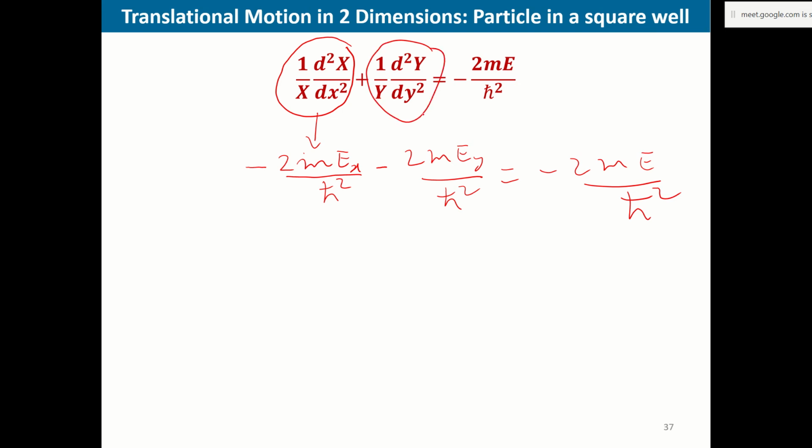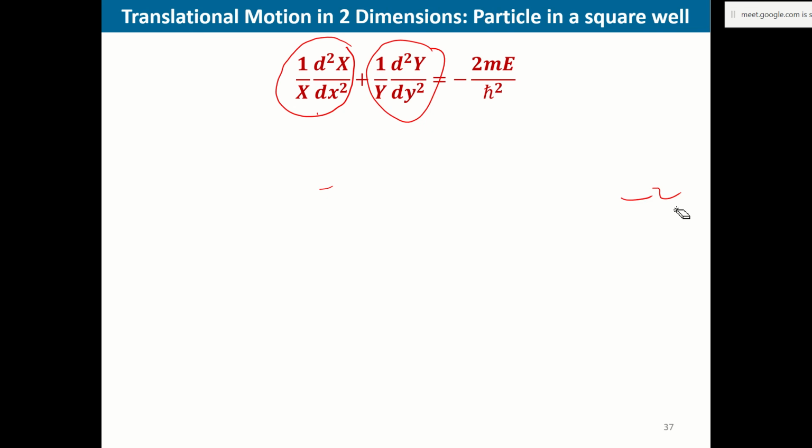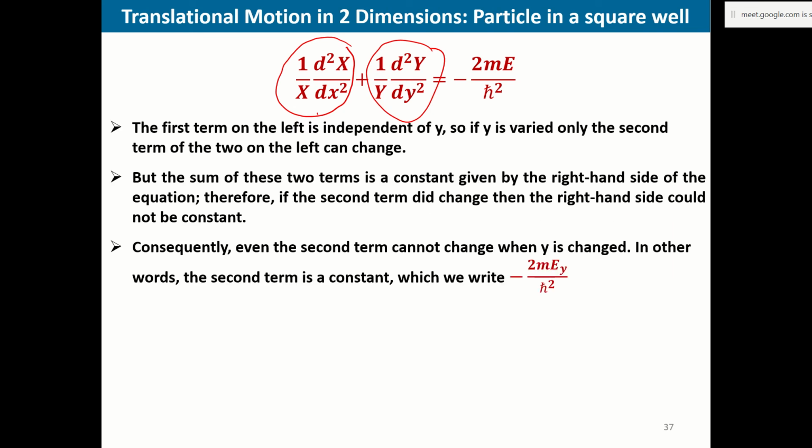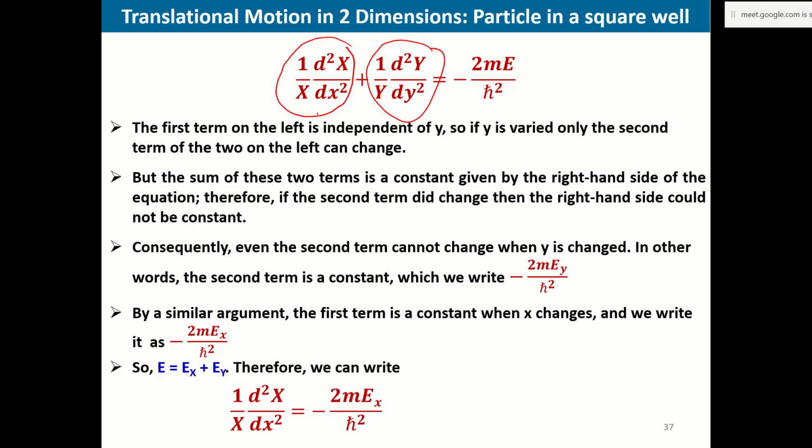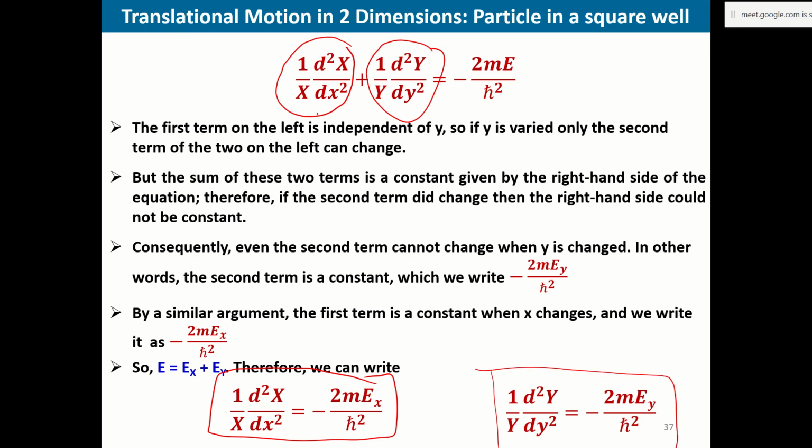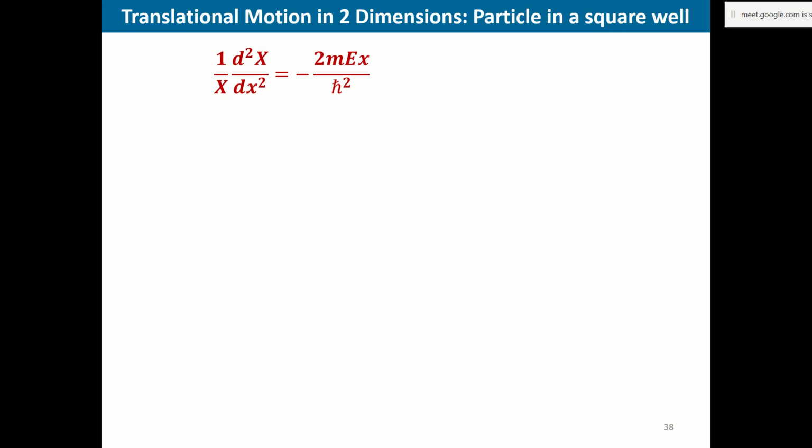So by making the two terms constant in this manner, the right hand side is also constant. By a logical argument, mathematically placed like this and balancing such that the equation is valid, this happens, and both are independent of the other variable. So we can make two different separate equations, each one of them indicating just like a particle in a box.